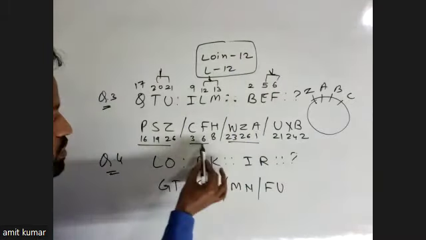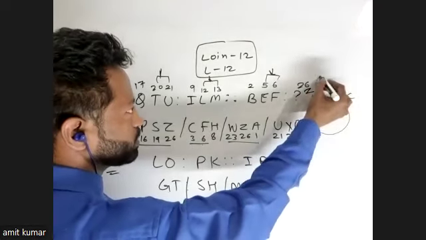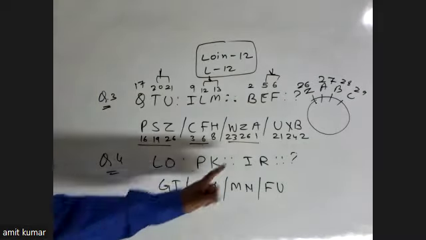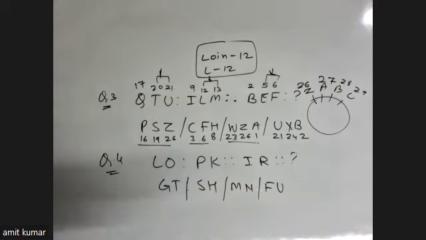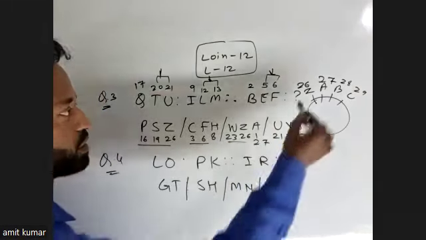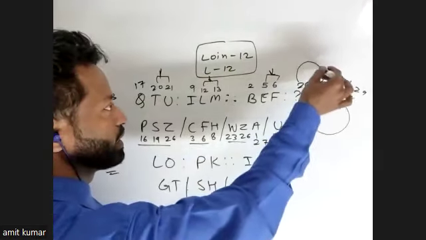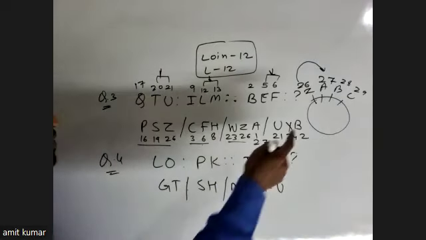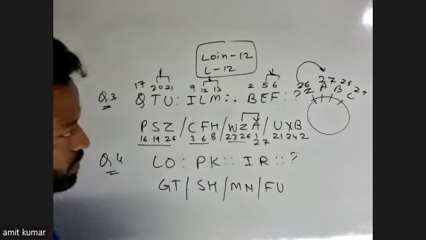In these 4 pairs, yes, Z has 26. A has 2 numbers, 1 and 27 also, because we always consider ABCD on a circle. After Z again A comes. So yes, A will have 2 positions, that is 1 and 27. So 26 plus 1 is 27.